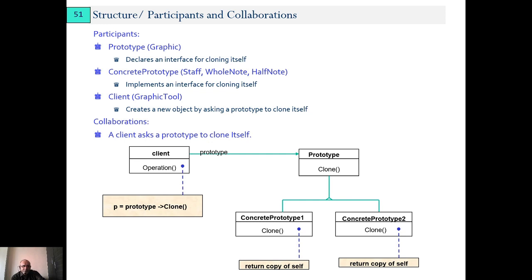Next is the prototype. The client demands the prototype. It will create the clone from the abstract. It's a duplicated kind of an effort.